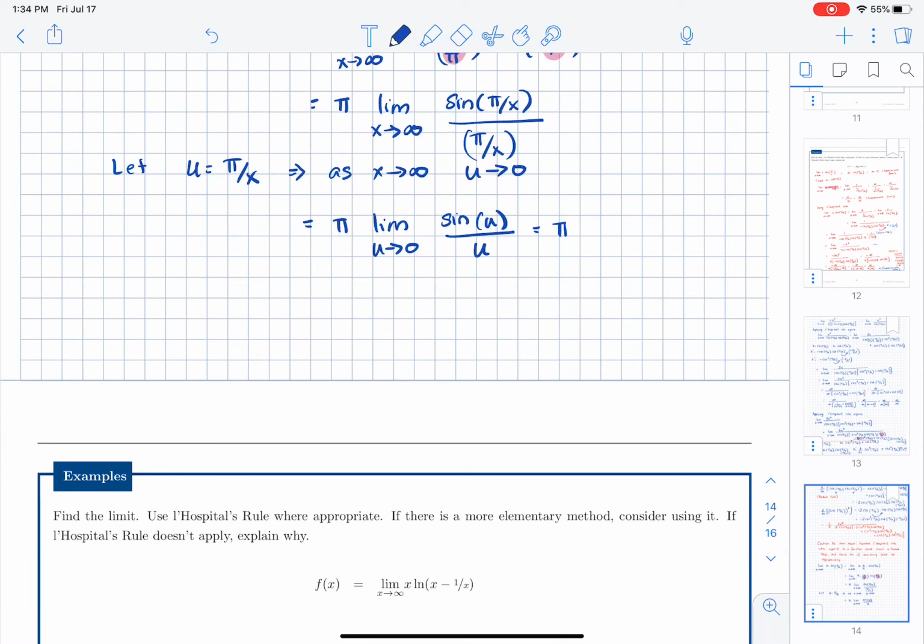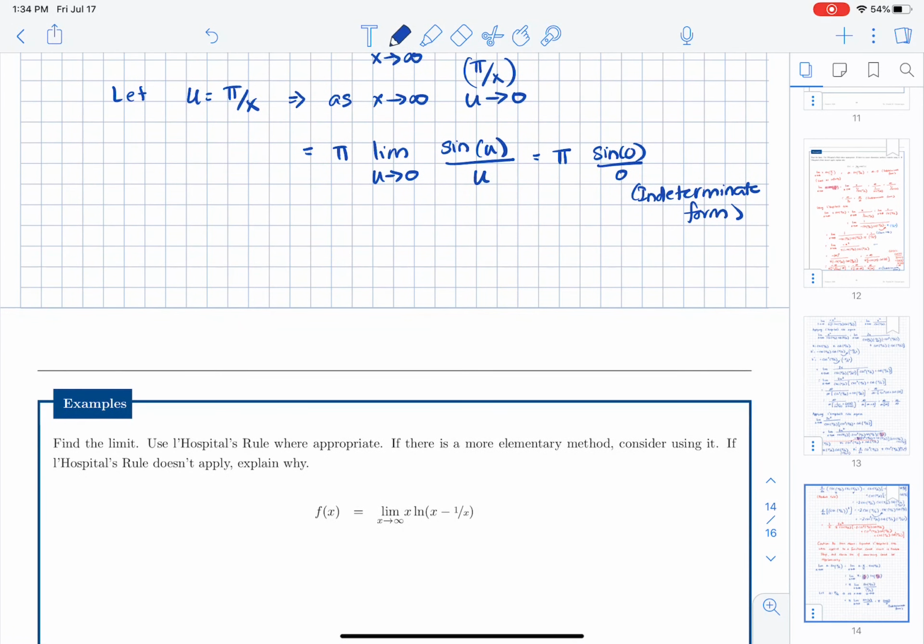When you apply the limit, you have sine 0 over 0. And again, that is an indeterminate form. But you needn't lose hope, we can use L'Hopital's rule now.